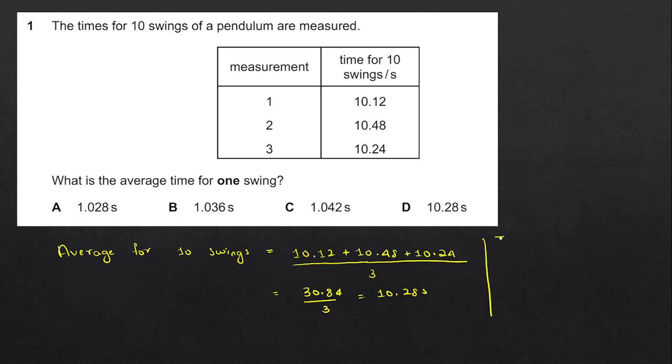Time taken for one oscillation will be equal to 10.28 divided by 10, and that will come out to be 1.028 seconds. So this will be the time taken for one oscillation. So the correct answer is option A.